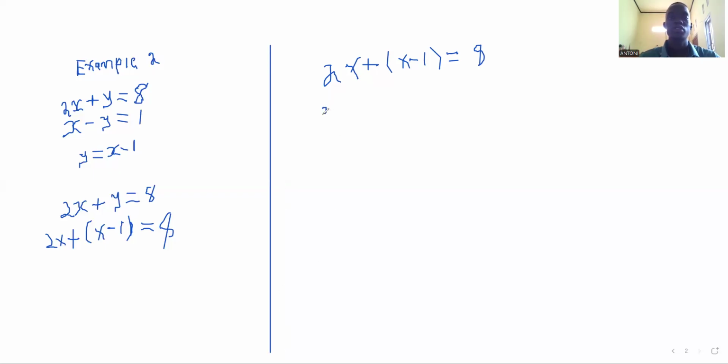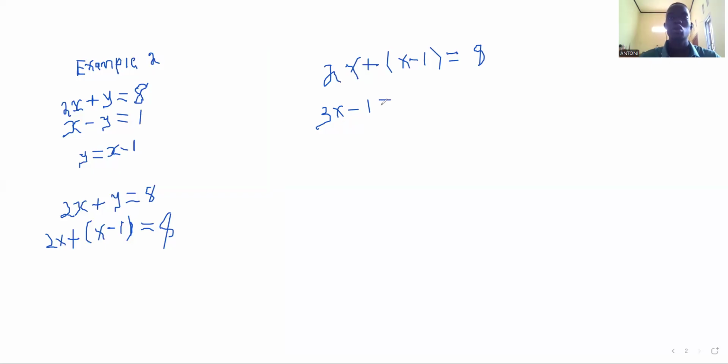Let's say it's going to give us 3x. This is going to give us 3x minus 1.